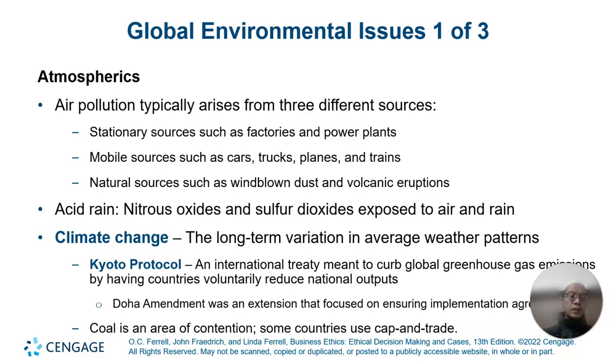Besides air pollution, another atmospheric issue is acid rain. Acid rain usually comes from the gases from industrial practices, or the burning of fossil fuel, for example. They produce nitrous oxides and sulfur dioxides, and these are exposed to air and rain and produce acid rain.